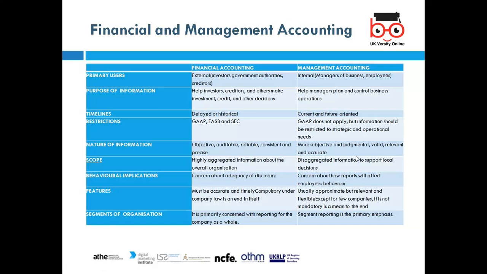Okay. The nature of the information is more auditable. Financial accounting is normally audited. At the end of the year we do an audit of these accounts. These accounts represent a true and fair view of the financial statements. Auditors normally give their views about the financial statements. Those are reliable and need to be consistent.